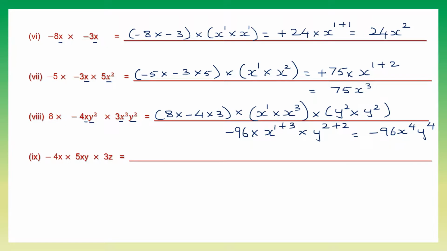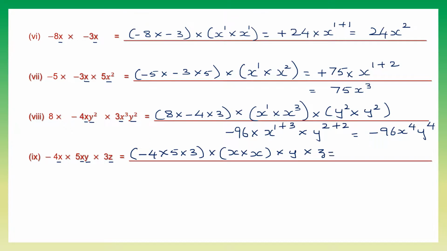Question 9. Minus 4 into 5 into 3. So first the numbers. Minus 4 into 5 into 3 into, let's take the literals, x here and x here. So that is x into x. Then we have a y and a z into y into z. Okay, let's do the multiplication of the numbers here.